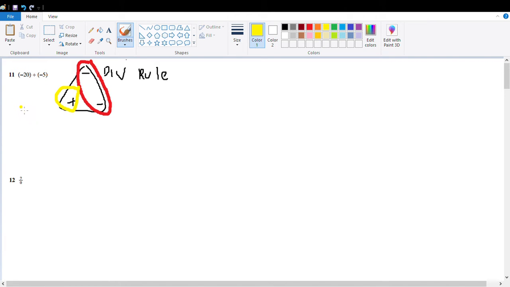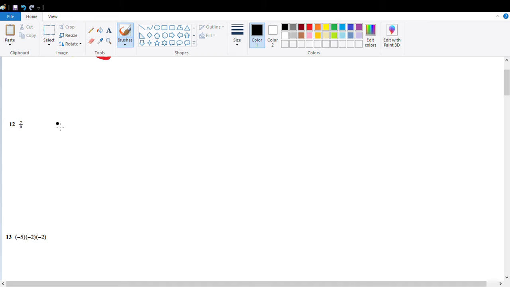So whatever we do, we know that we're going to get a positive, so we don't need to write a sign. If you do write a sign, it's okay. You don't need to put a plus sign or positive sign. We just have to divide 20 by 5. 20 divided by 5 is 4. So our answer is 4.